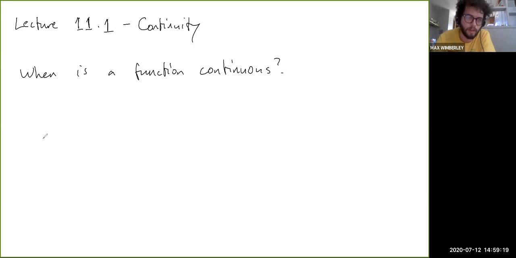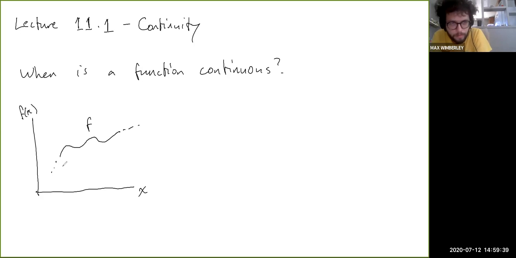For example, if this is x, this is f of x, here's the graph of f, and we would consider this continuous, or at least just from looking at it, it looks continuous because if you look at the graph, it's not broken in any places.